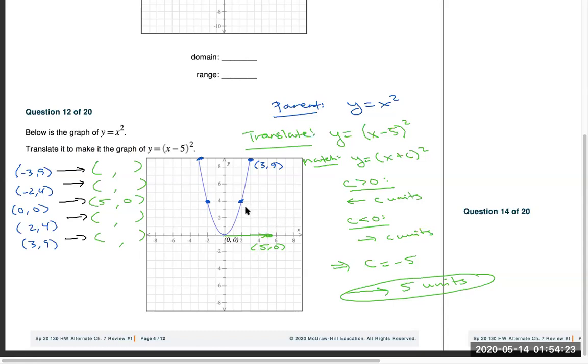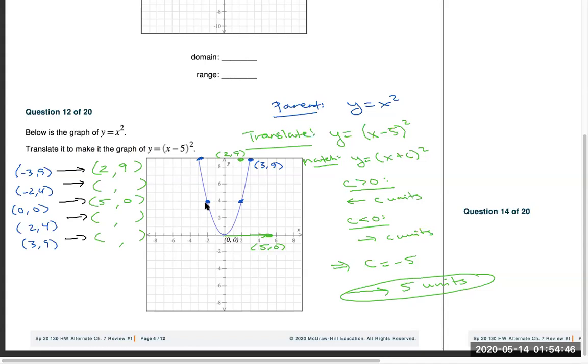Okay, for -3, 9, I'm going to add 5 to my x value. That takes me to 2, 9. See if that works here. 1, 2, 3, 4, 5 is where I'd move. Great.